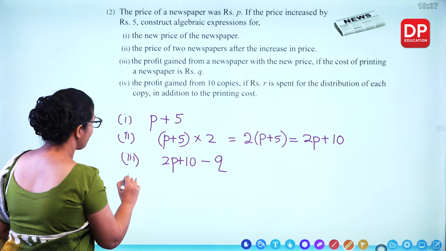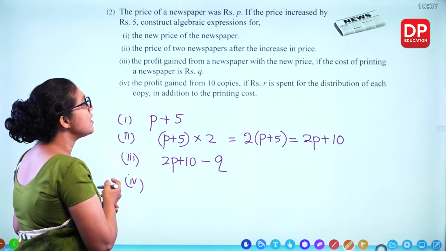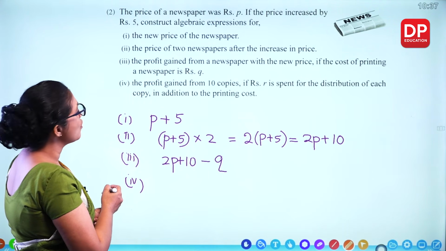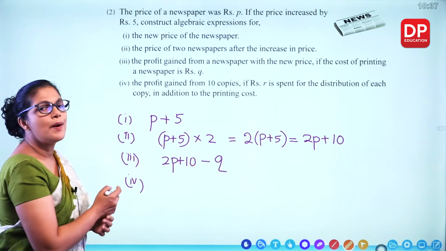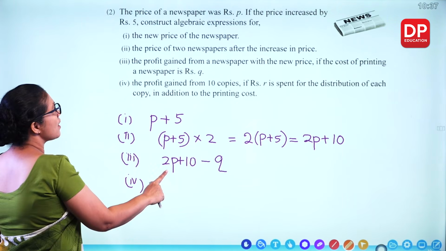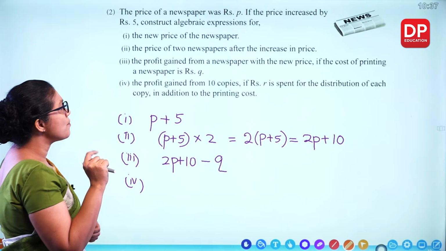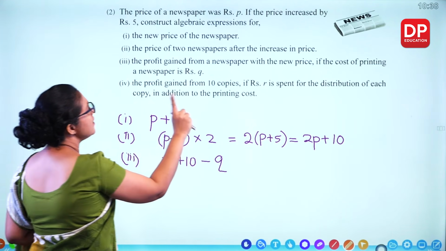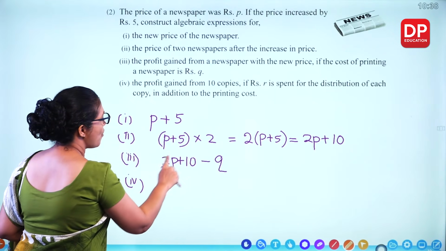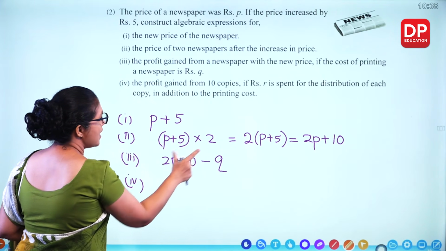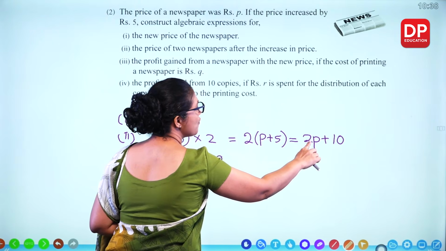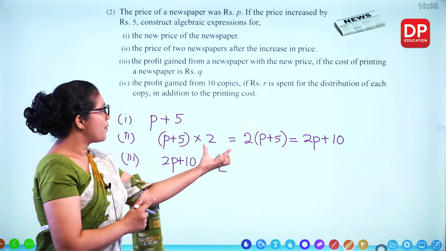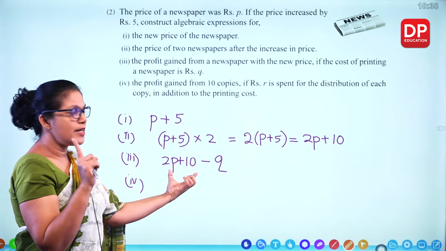Part 4, the profit gained from 10 copies. If R rupees is spent for the distribution of each copy in addition to the printing cost. Now you have to find out the profit gain from 10 copies. Now we'll find out for 1 copy. You have to subtract Q from the new price, that's the profit for one newspaper.